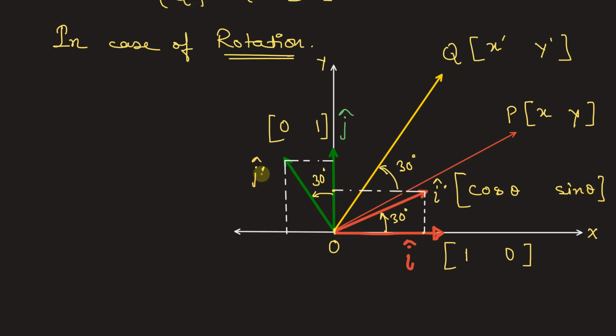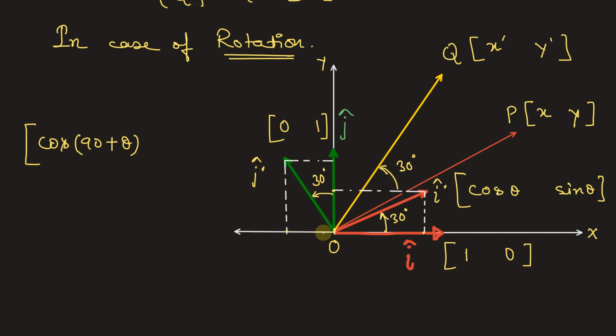Now we trace the j hat dash, where it lands. Now it is landing here at this point. So the x coordinate will be in the negative direction. The x coordinate of the j hat dash vector, the unit vector in the new coordinate system in terms of the older coordinate system, we can write it as, so it is moving by 30 degree, 90 plus 30, so that is cos 90 plus theta.